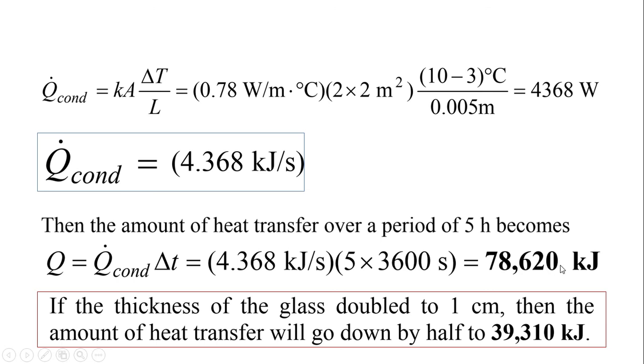This is the amount of heat lost through the window during the period of 5 hours. If the thickness of the glass is doubled to 1 centimeter, then the amount of heat transfer will go down by half, that is 39,310 kilojoules.